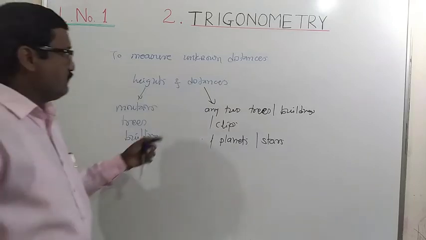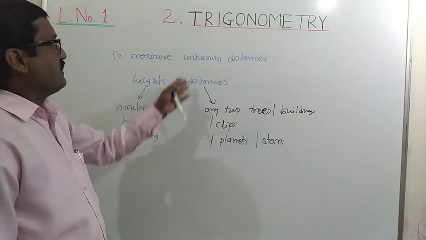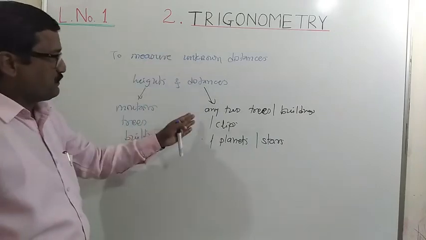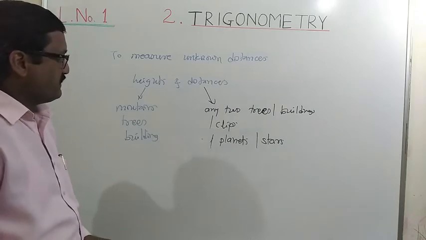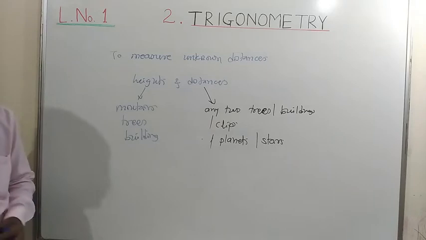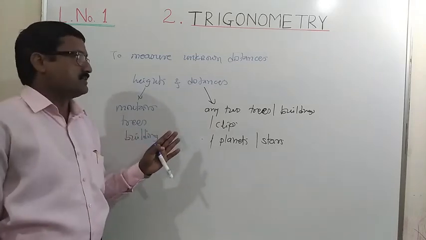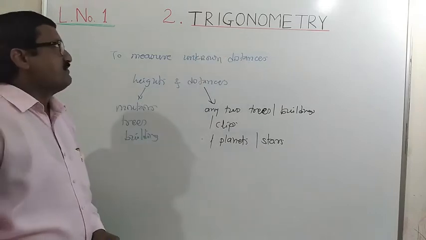If we are unable to measure the distances, if those distances are very large, then we can use this trigonometry to find the distances between any two distant objects. Okay, so these are the basic uses. Also, in physics, in waves theory, in electronics, in every branch, in space science, this is very much useful.